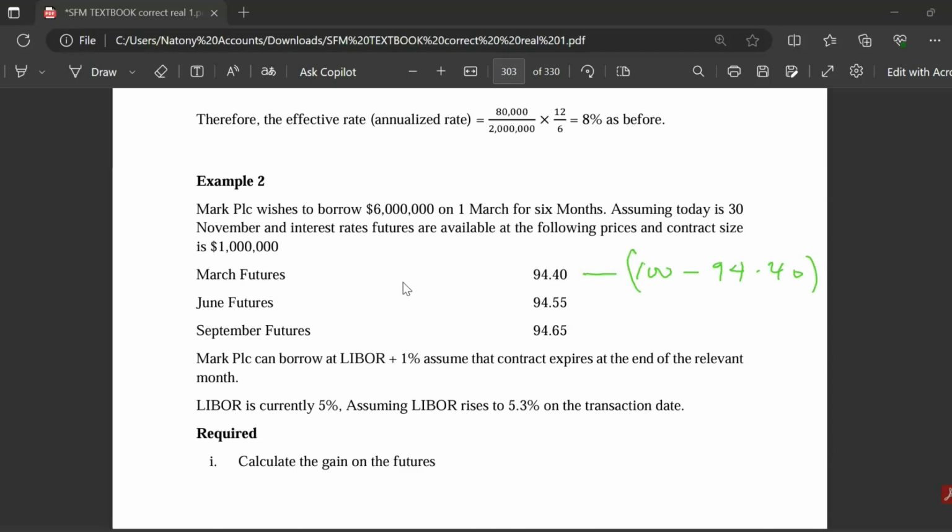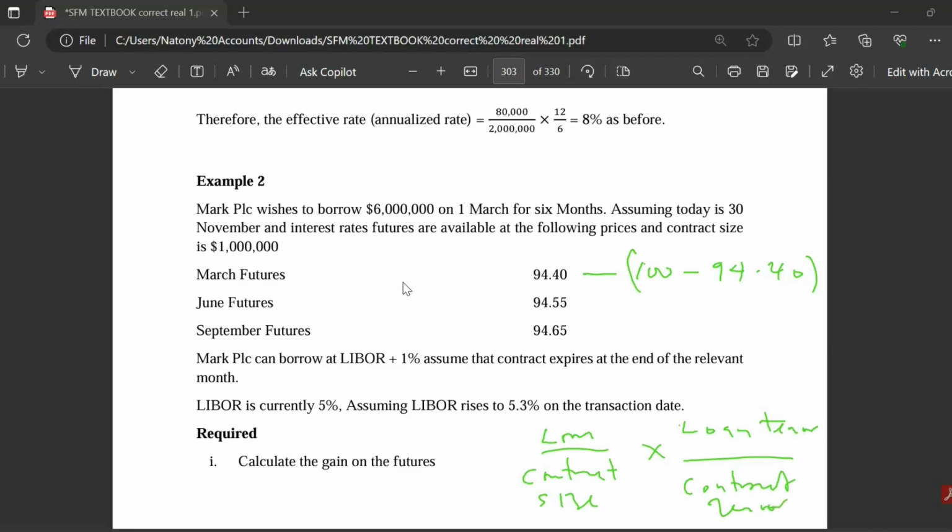The number of contracts, your formula has to do with your loan all over your contract size, times the loan tenor all over the contract tenor.